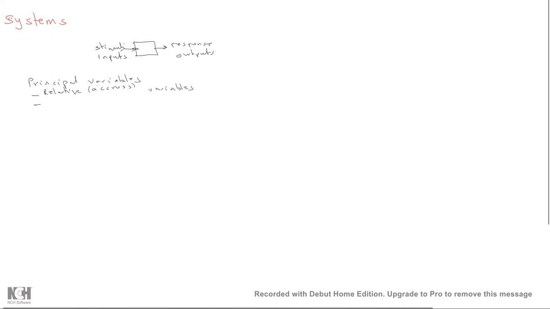And the other class of principal variables, which are independent from the relative ones, are flow, or sometimes we call them through variables.